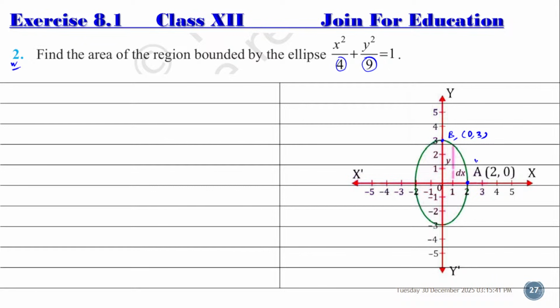So the coordinate of A is 2, 0, and suppose this is C, the coordinate of C will be minus 2, 0, and suppose this is D, the coordinate of D equals 0, minus 3. Therefore x changes from 0 to 2. Therefore the area of this part is y into dx.